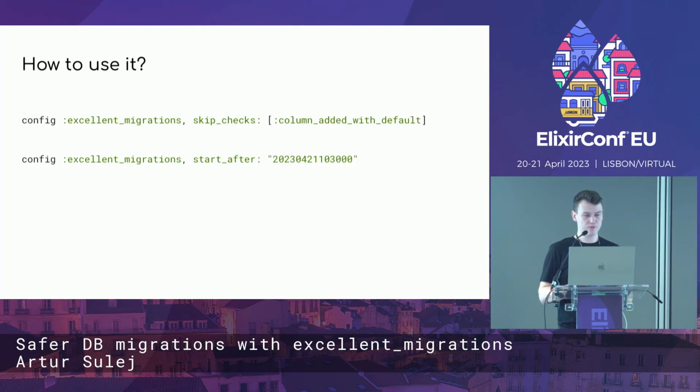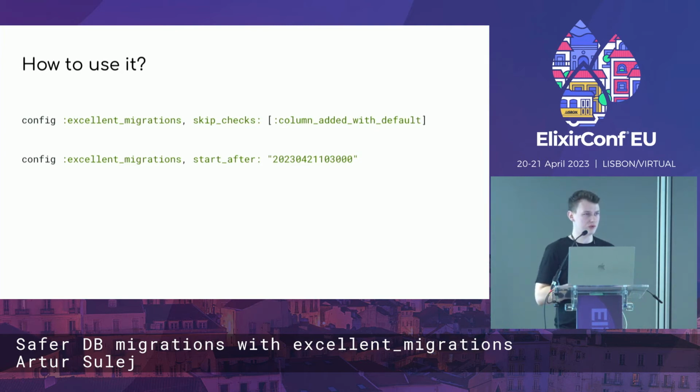There are also two possible configs for the library. The first one is skip checks, which allows you to, as the name says, skip all the checks from the given list.